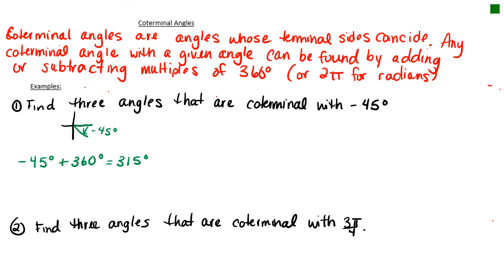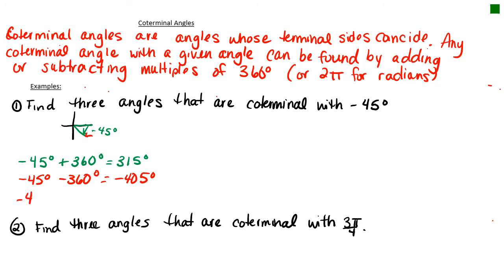I could also subtract 360 degrees from that. So I could do negative 45 degrees minus 360, which would be negative 405 degrees. So that would be like going like this, negative, and then back around to here. That's negative 405 degrees. So I could add 360, subtract 360, or add a multiple of 360.